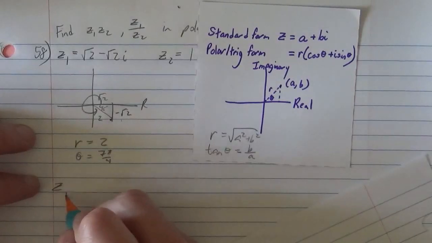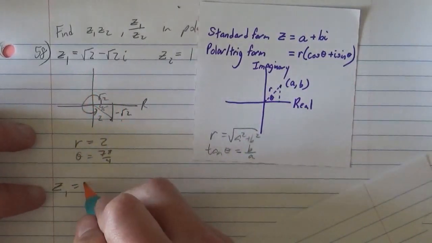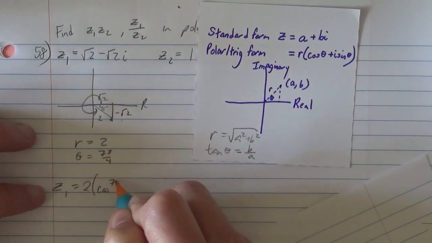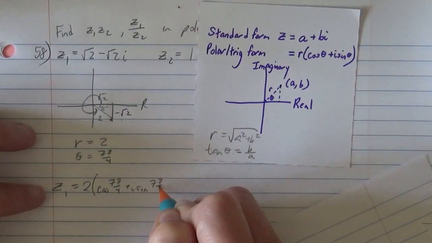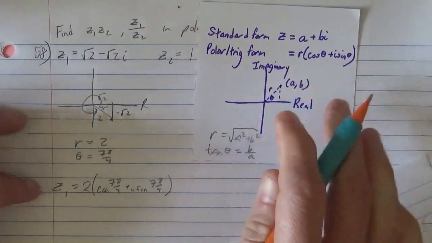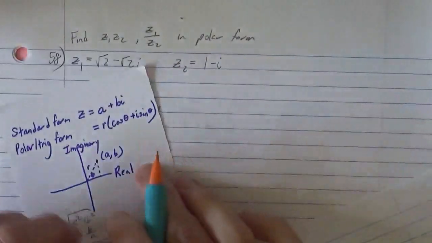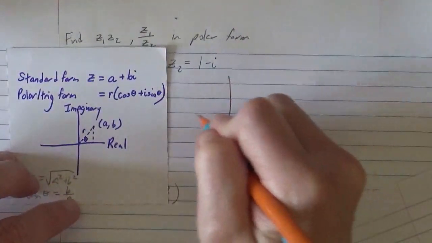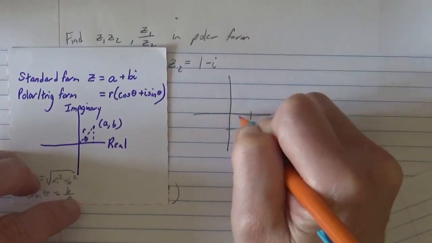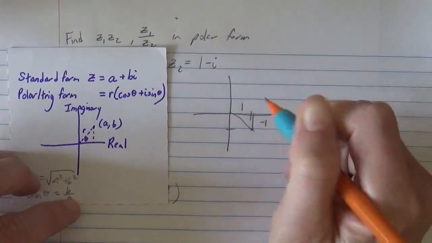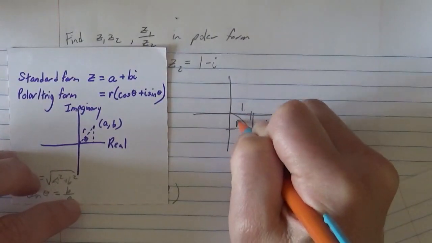So if we really wanted to, we could write z1 as 2 times the cosine of 7 pi fourths plus i times the sine of 7 pi fourths. All right. And we'll do the same thing with z2. So we have 1 on the real, -1 on the imaginary, so we're down there. So we have 1, 1, root 2.